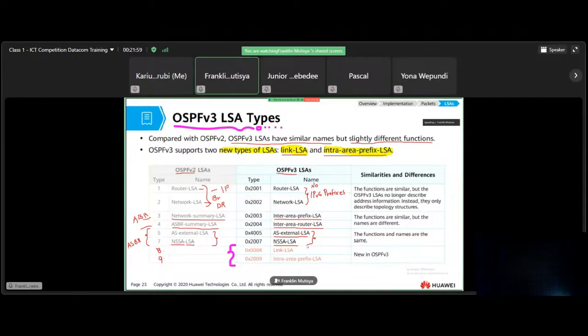When they are being transmitted to the backbone area, the ABR converts these type 7 LSAs into type 5 LSAs and injects them into the backbone area. So remember, they function similarly, but they are used in different areas.